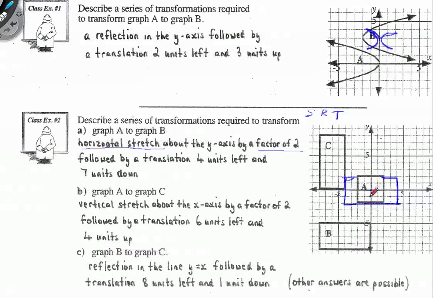It has to be brought down by 5, 6, 7 units. 7 units down and 4 units over to get the center to where it should be. So once you're starting to do the translations, the order of the translation itself does not matter. 4 units left, 7 units down, or 7 units down, 4 units left.